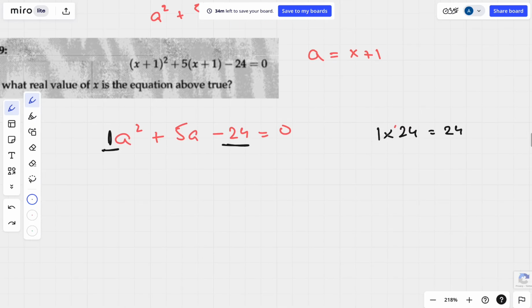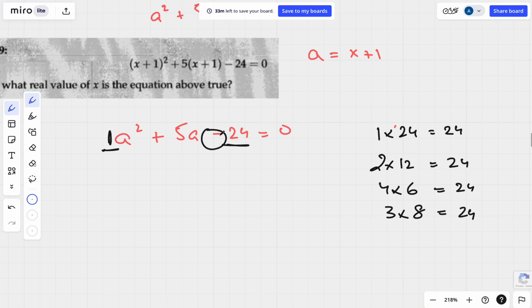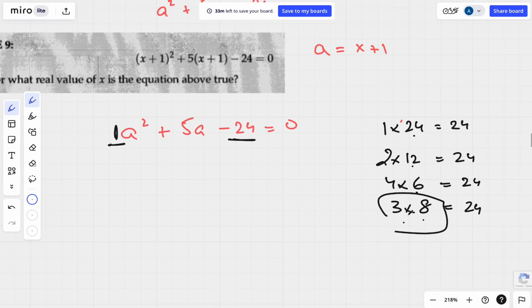So look for all the factors of 24. 2 times 12 is 24. 4 times 6 is 24. And 3 times 8 is 24. Now this sign is negative, which means the two numbers should subtract to give 5. So look for two numbers that subtract to give 5. 24 minus 1 is 23, 12 minus 2 is 10, 6 minus 4 is 2, 8 minus 3 is 5. So we'll use 8 and 3.